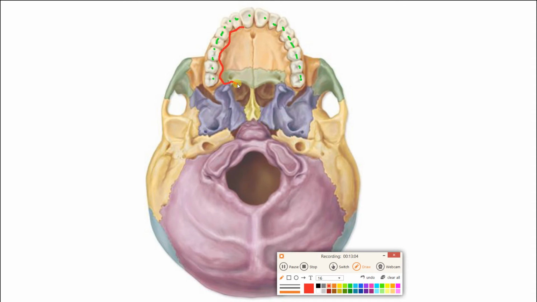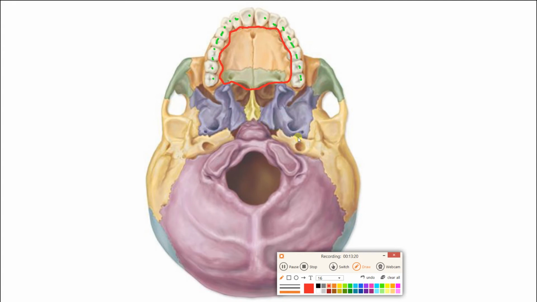This whole region is called the hard palate. It is the bony part of the roof of your mouth. Behind it, not visible, but right here where my mouse is dancing, would be your soft palate, which is a more muscular structure. But this is the hard palate right here.